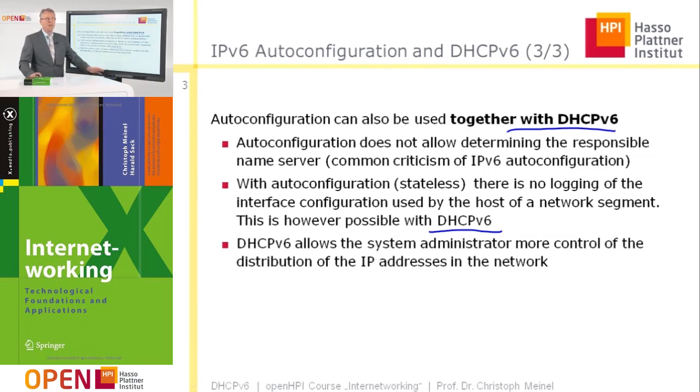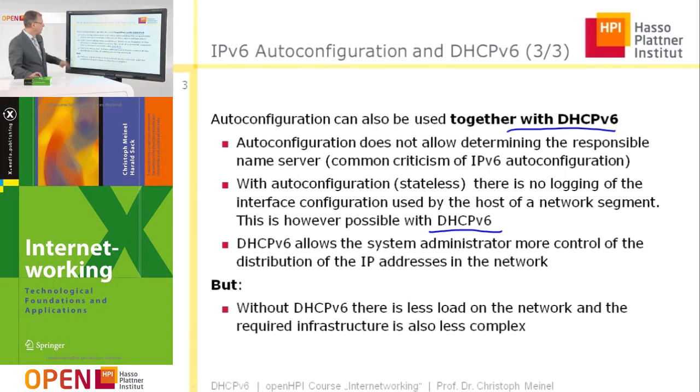The DHCP protocol version 6 allows the system administrator more control of the distribution of the IP addresses in the networks. There is an overview, there is a recording of all these processes, and this is an advantage, but it is a more resource-needing way, this traditional way of working with the DHCP protocol, with the stateful protocol.